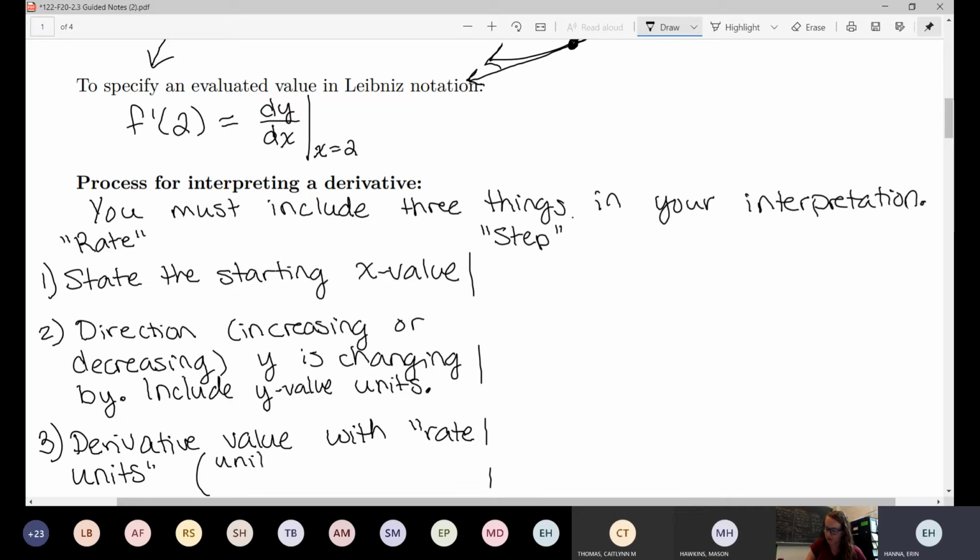That's going to be our units of y over units of x. Hopefully what I mean by these will make sense when we do the example in a second, if it's not making sense already.